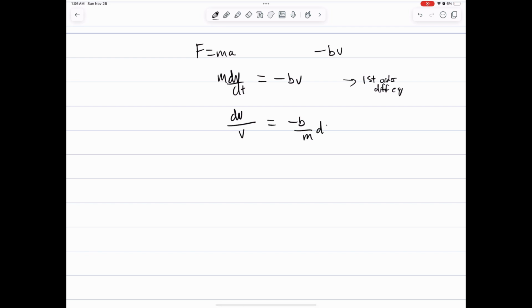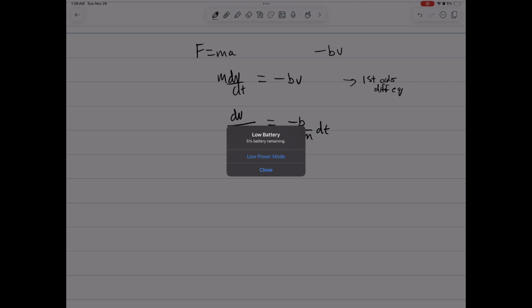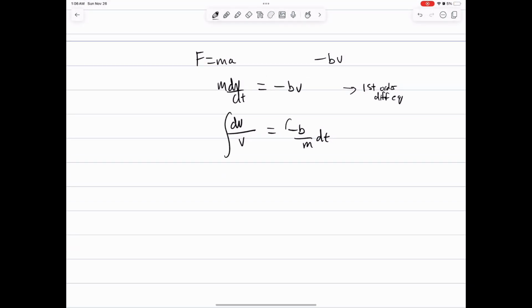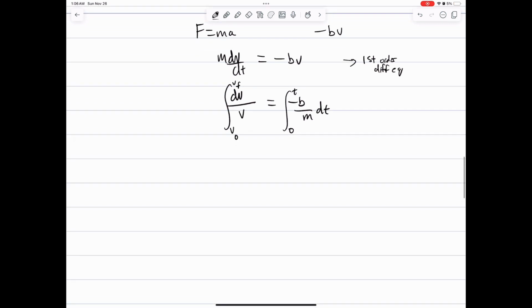So I got all the variables to their own separate sides, and here we can actually just integrate. This is from 0 to t, and this is from v naught to vf. And vf is our terminal velocity, which is what we're solving for.